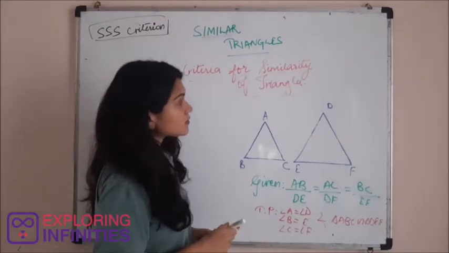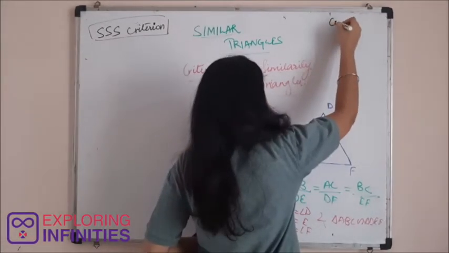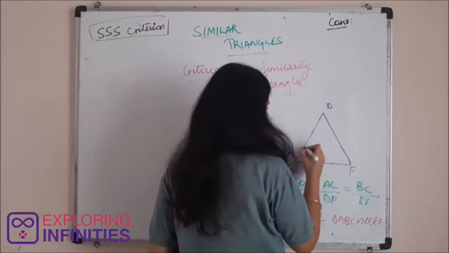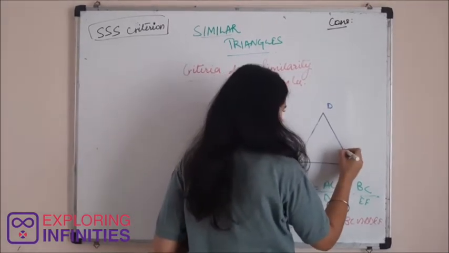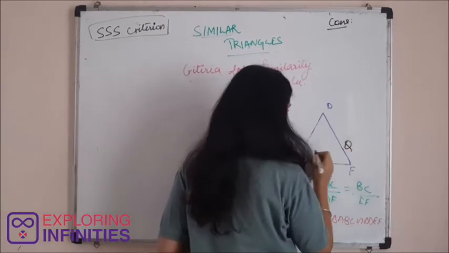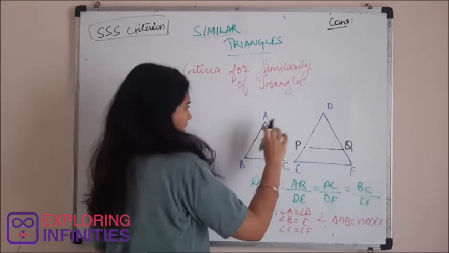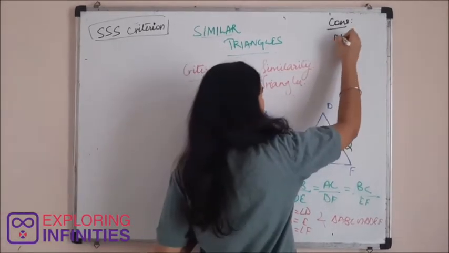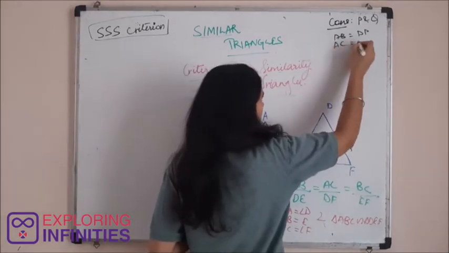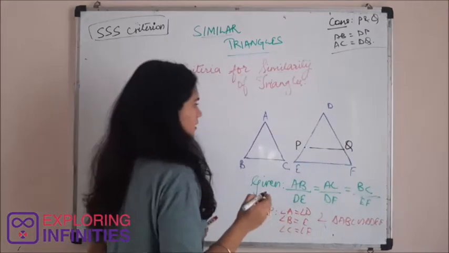So now we will construct again in the same fashion. We will mark points P and Q on DE and DF respectively, such that AB is equal to DP and AC is equal to DQ. And we also join those two points.